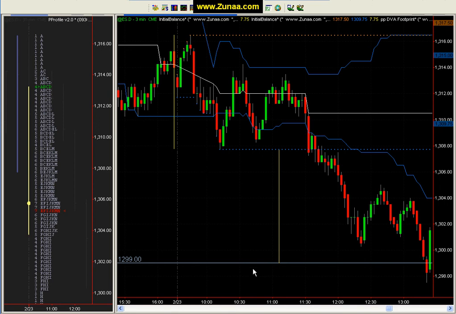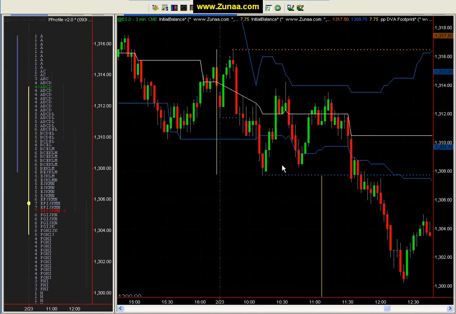As you do your research with the context of the initial balance, regardless of which time period you choose, whether you choose the 60-minute time period, or a 15 or 30 minute or 90 minute or whatever other range period you find relevant to trading, obviously pick something that is relevant to trading and has some rhyme and reason behind it.